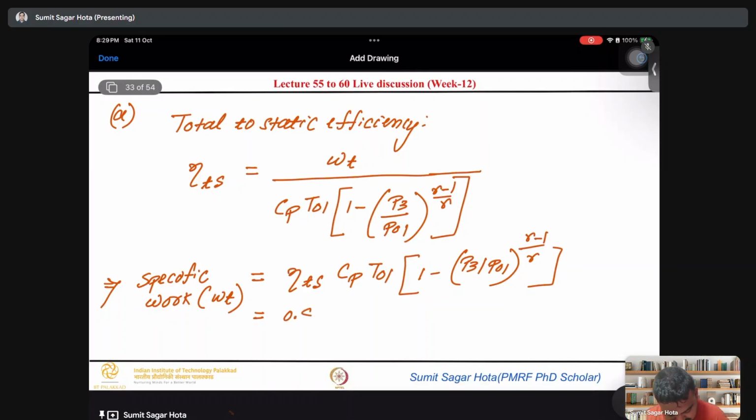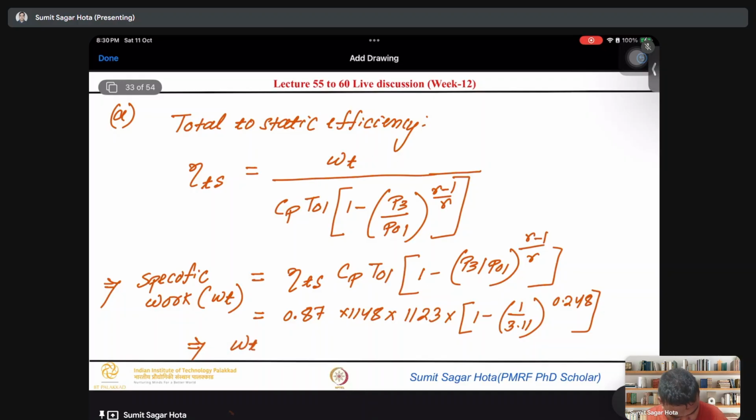So 0.87 into 1148 into 1123. Okay, this is your answer.